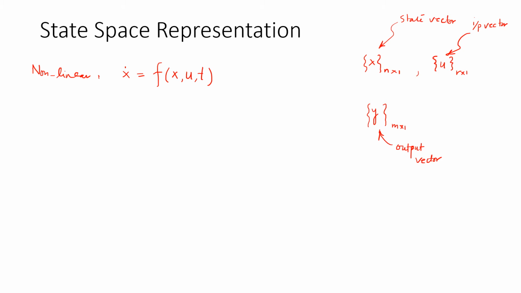So this is going to be the dynamic equation, and the output equation is going to be y, equal to another function of the state variables x, u, and obviously these are dependent on time. So these are going to be the two equations. This is the state dynamics, and this is going to be the output.